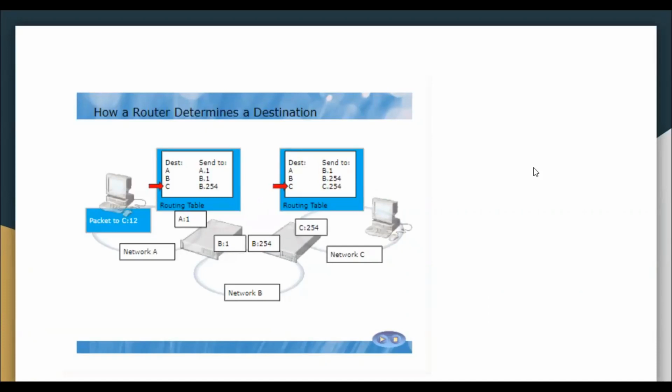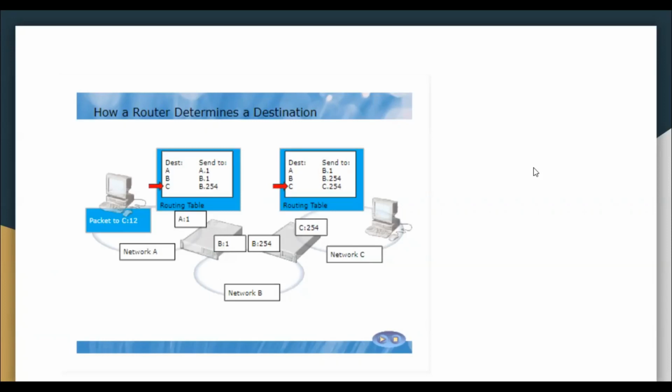So we have the routing table. The routing table is used to determine the appropriate exit interface based on the destination address. For the different destination addresses, we have A, B, C; send to A.1 or point 1 is the internet address, B.1 up to B.254.